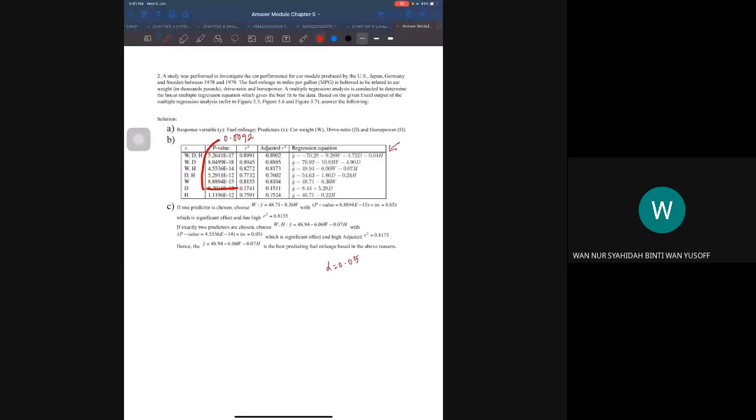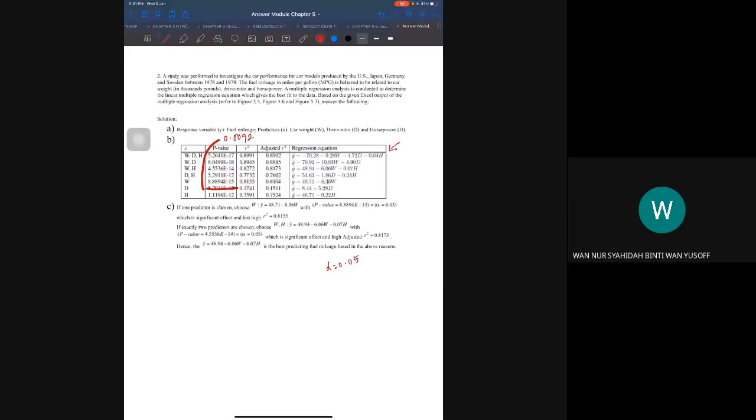So the best model among one predictor between W, D, H. Which variable has the significant p-value? All, yes, all of W, D, H have the significant p-value.